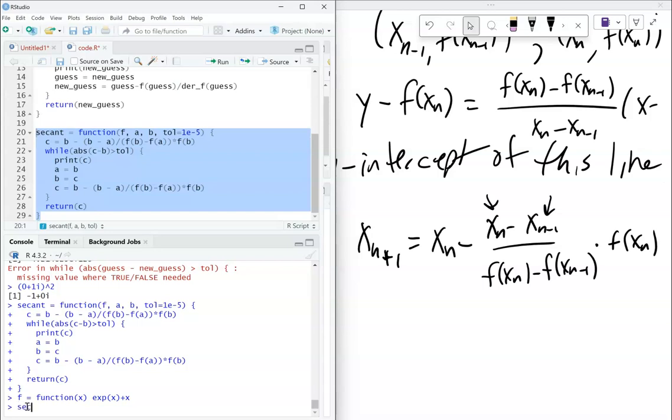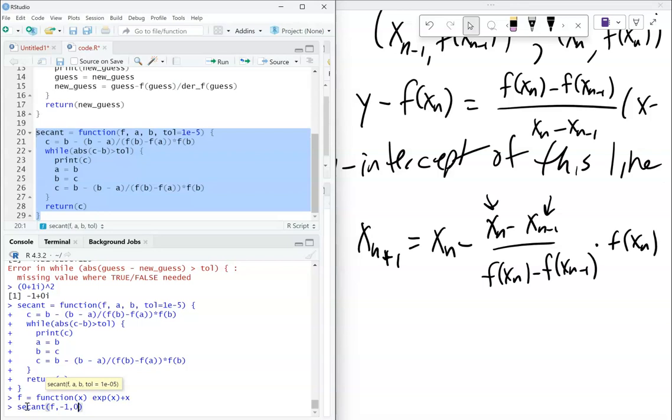All right, so secant of f. Now again, we have to put in 2 initial guesses here, right? So I'll just do -1 and 0, because we know it crossed somewhere between -1 and 0. Good news is that with the secant method, as long as you're close to the root, you don't have to bracket the root.